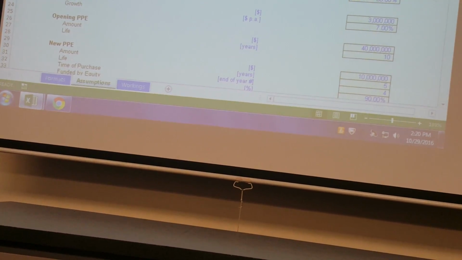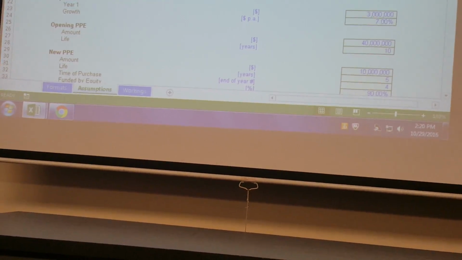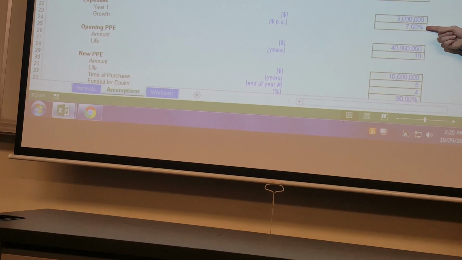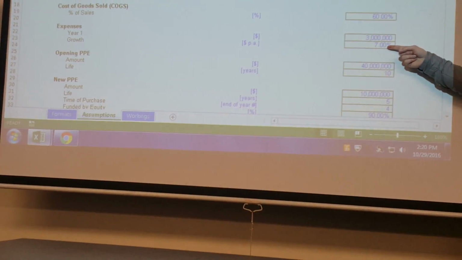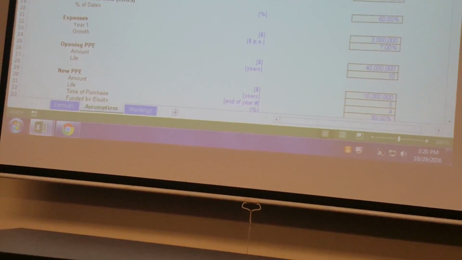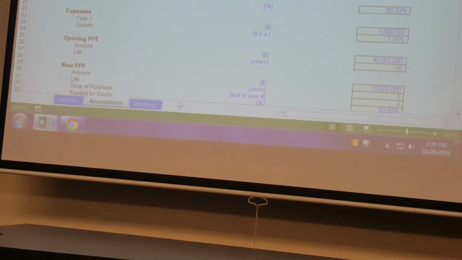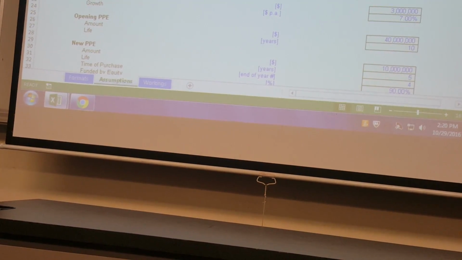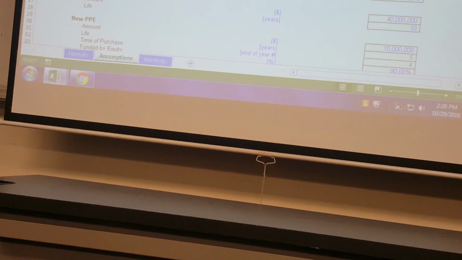Step two, they should only ever be entered in one place. In other words, if your expense growth rate is 7%, you don't put 7% on your assumptions page and then also type in 7% in your calculations. Just unbelievably important, because if you have it in one place and everywhere else you need to think about expense growth, you refer back to that, then your expense growth is always consistent throughout your model.